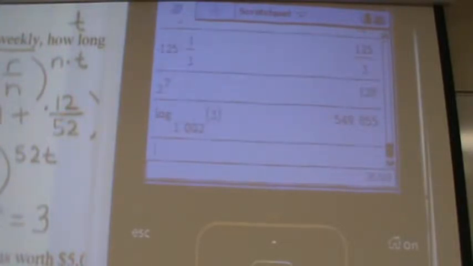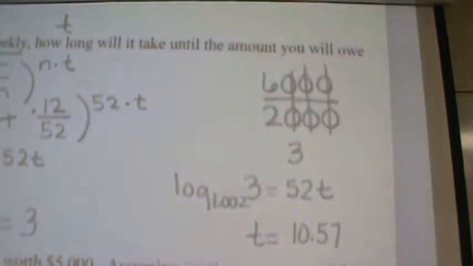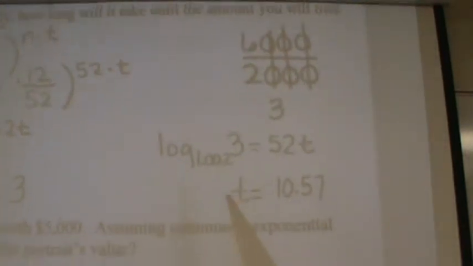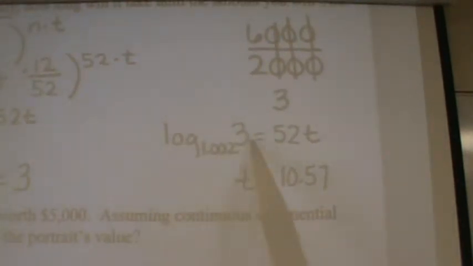Take that answer and divide it by 52, and you get 10.57. If you use your calculator, you can also do log of 3 divided by log of 1.002, hit enter, and then divide that by 52. Did you get it? Yes?